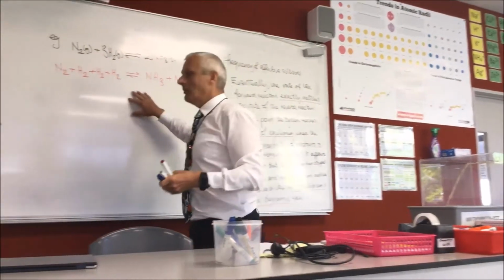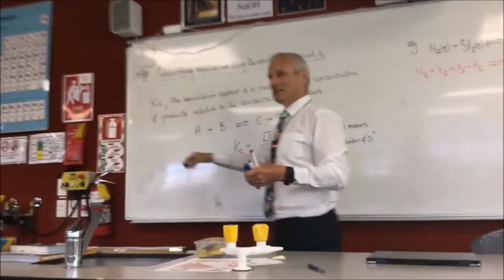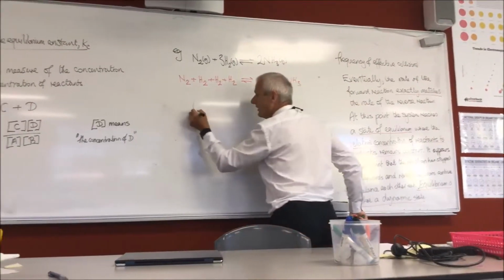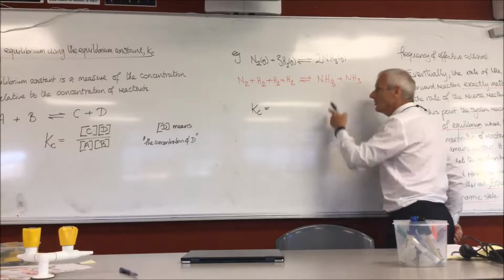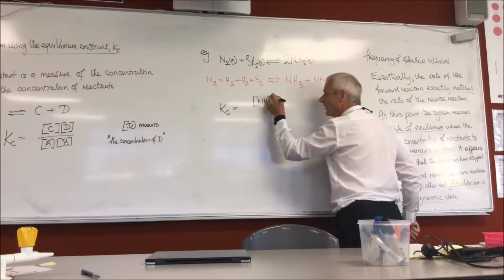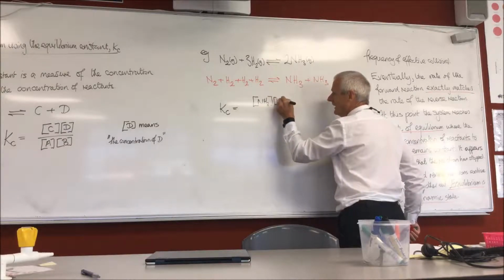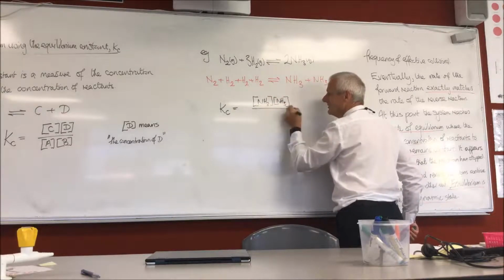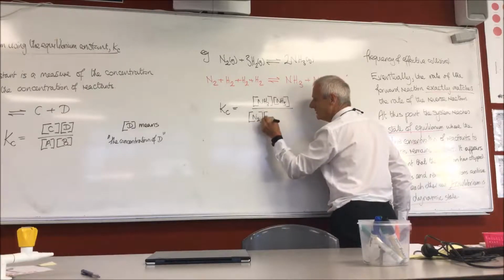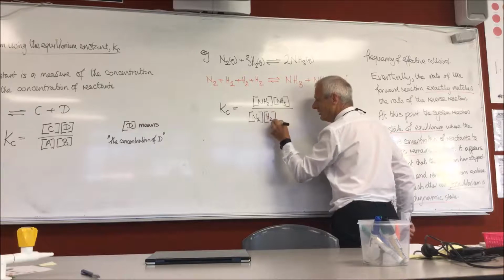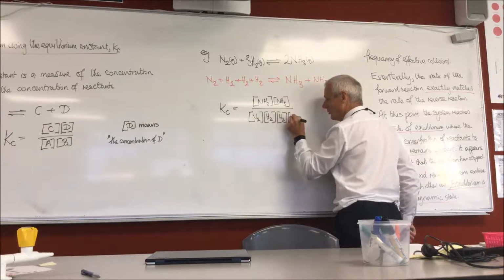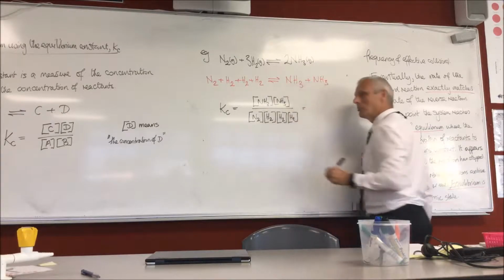Now we can take that and apply this. So for this one, Kc is equal to the concentration of that times the concentration of that again, divided by the concentration of N2 times H2 times H2 times H2, all three of them. I can simplify that, can't I?